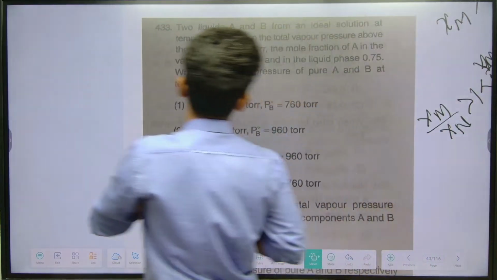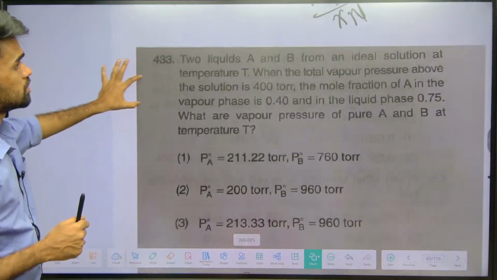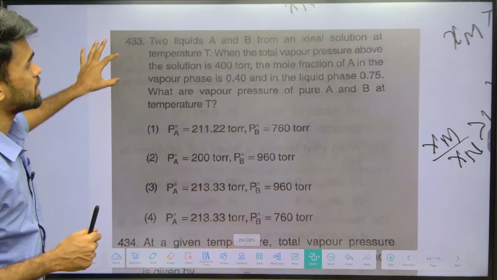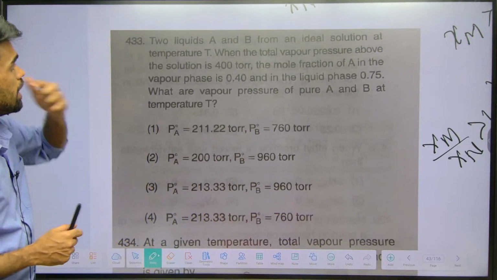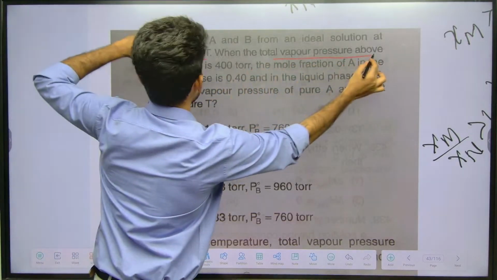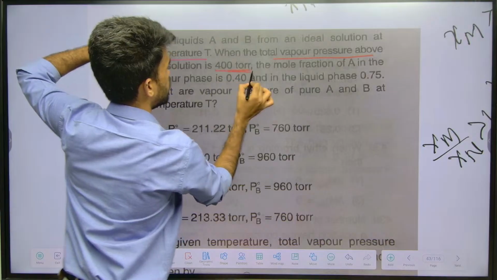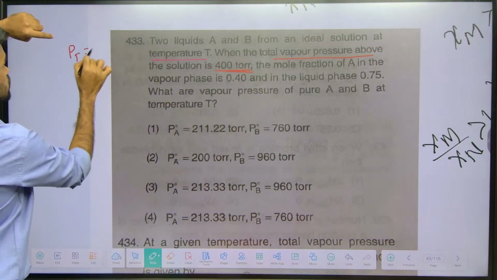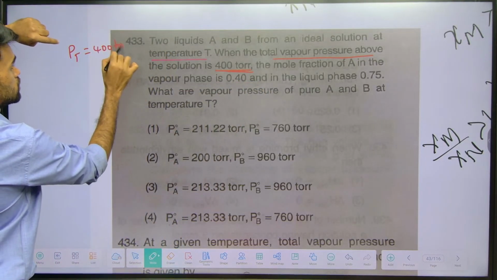Okay, read the question once, what it is saying. Two liquids A and B form an ideal solution at a temperature T, when the total vapor pressure above the solution is 400 torr. P total is 400 torr.